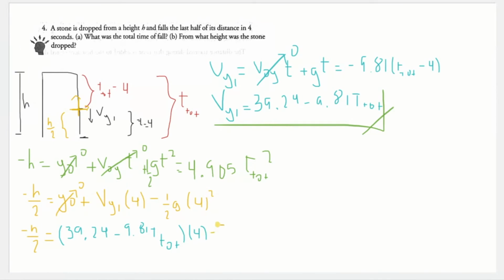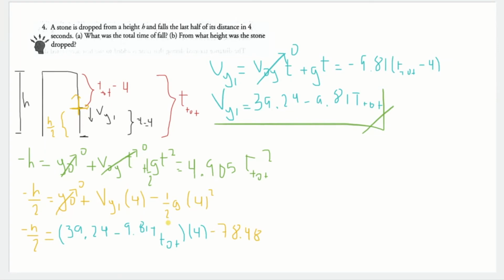Then we develop this whole multiplication, and we have negative h halves equals 4 times 39.24, which is 156.96, then minus 39.24 t tot, and then minus 78.48. And we are almost done.